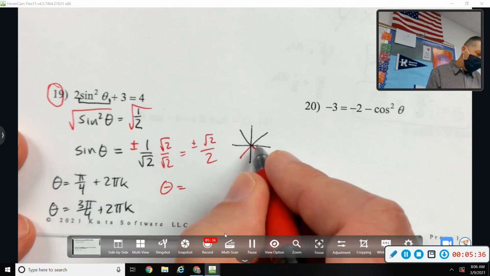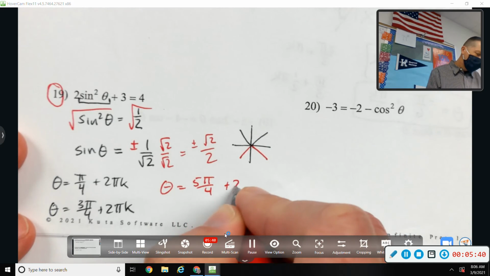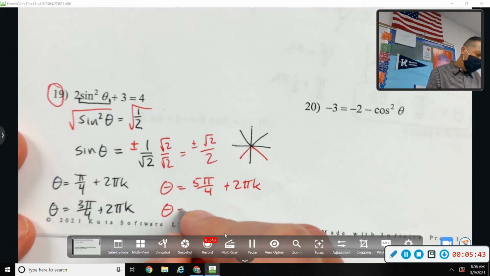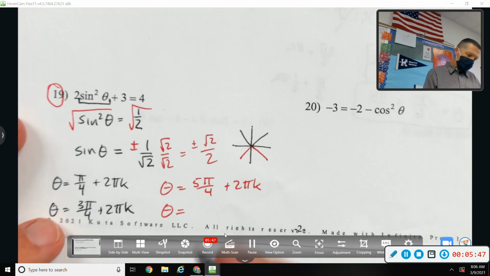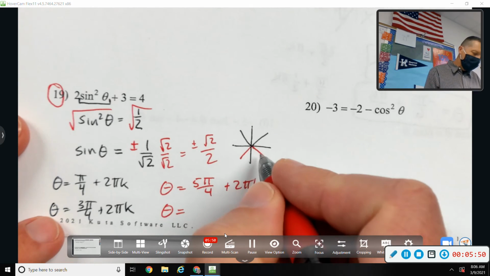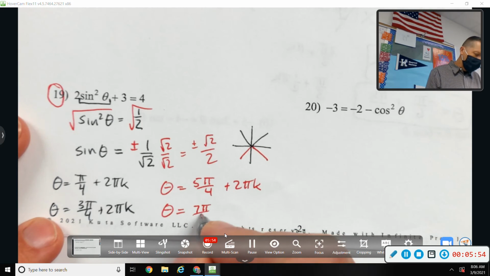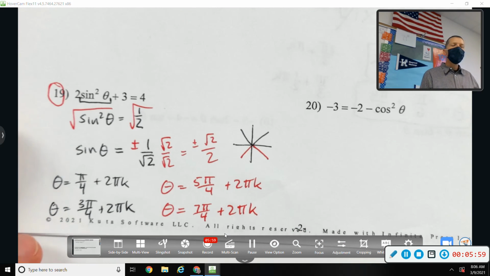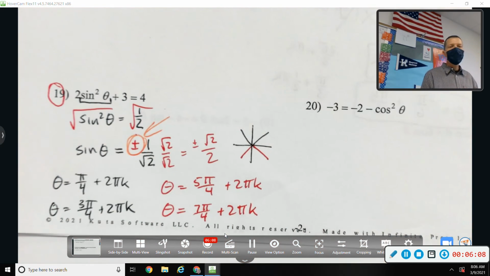So that would be 5 pi over 4 and either 7 pi over 4 or negative pi over 4. Same thing. Since I'm working around, I would usually go with the negative, but since I'm working all the positives, I think I'll write this one as 7 pi over 4. So the main point of that one is don't forget the plus or minus when you square root both sides.